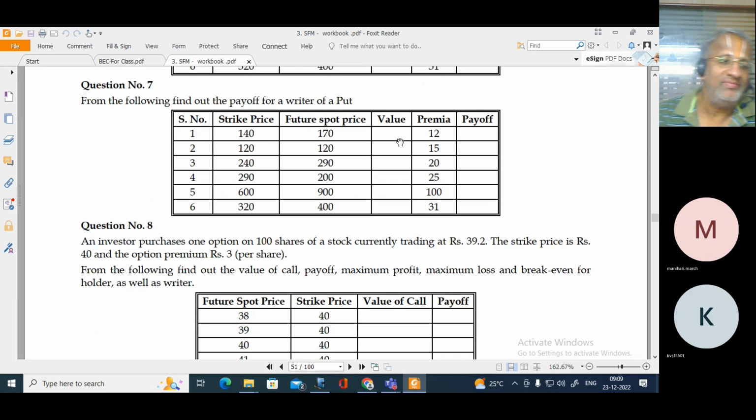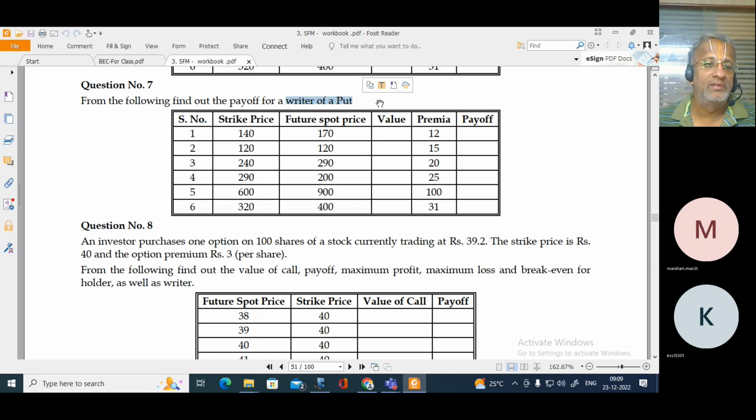Next. From the following, find out the payoff for the writer of a put. Situation number 1: strike price, future spot price, value, premium, payoff. 140, 170.